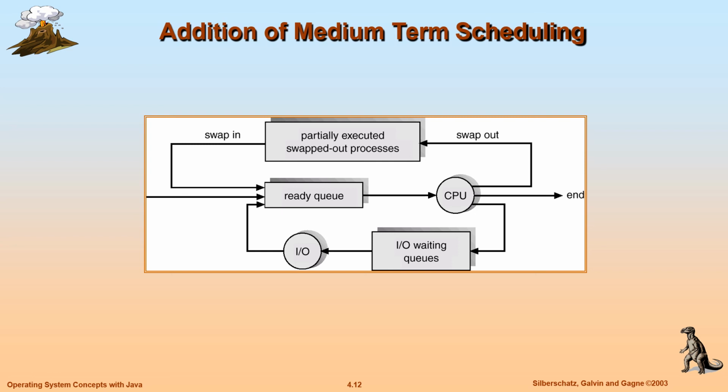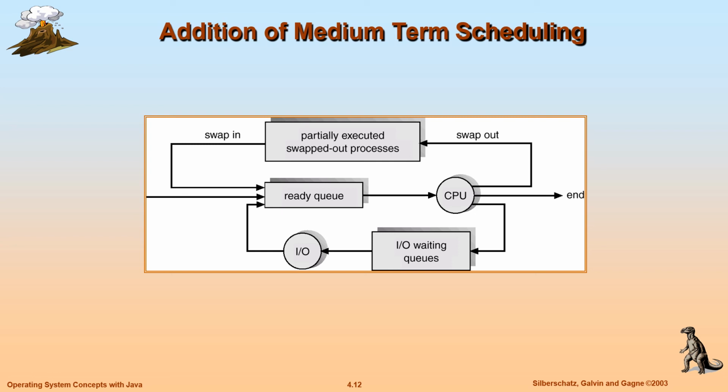Suppose the long-term scheduler loads all IO bound processes into the main memory. Then the ready queue is always empty. All processes are waiting for the IO devices, so there is no job for the CPU scheduler.